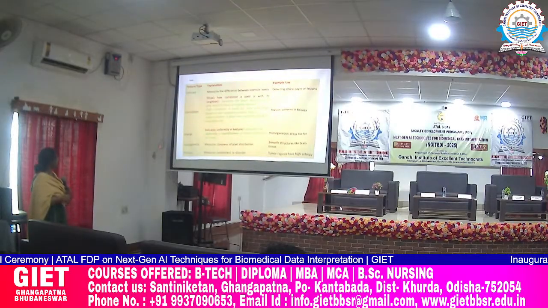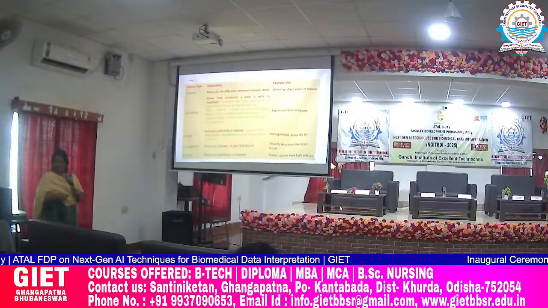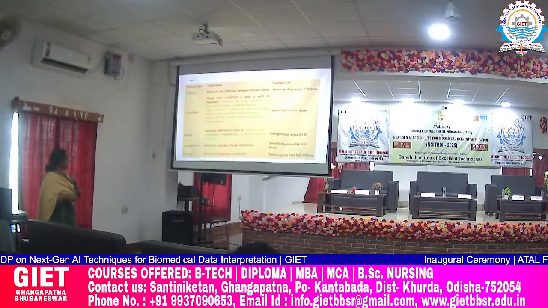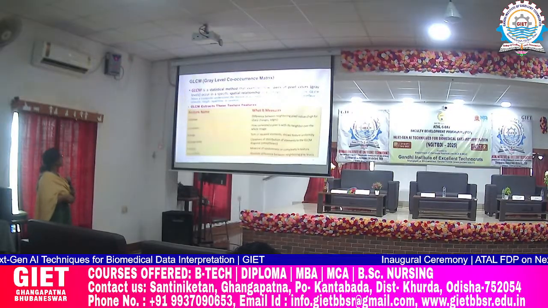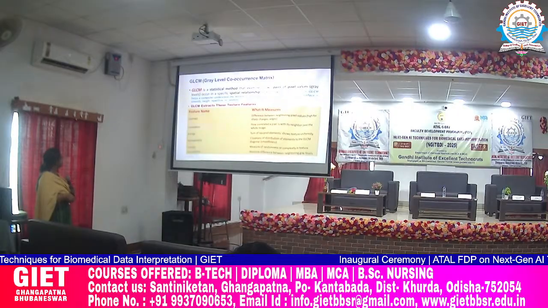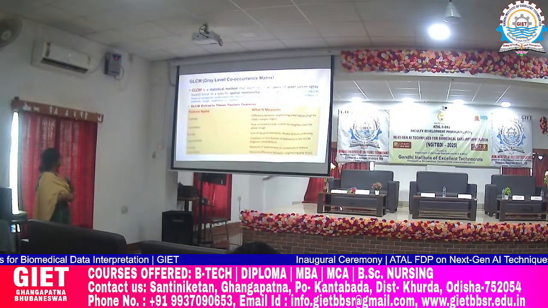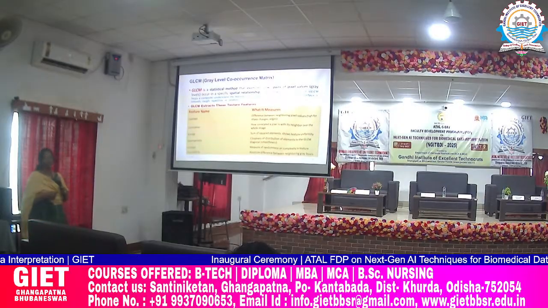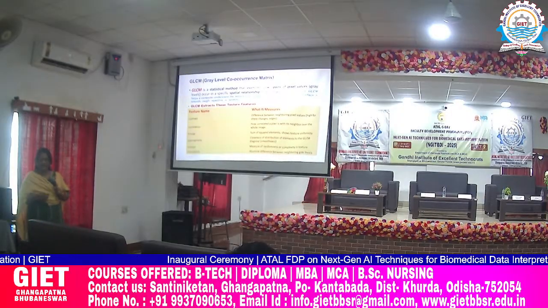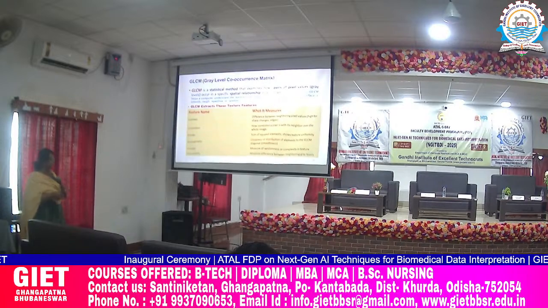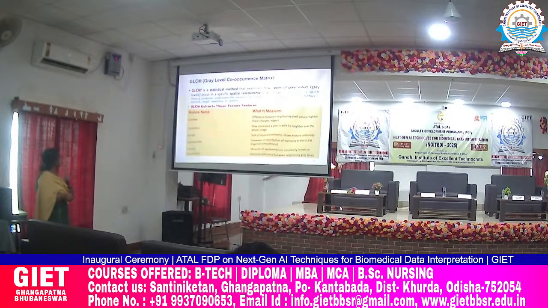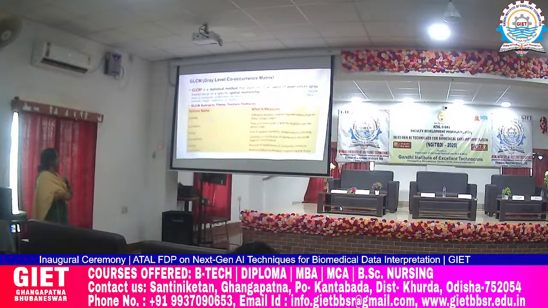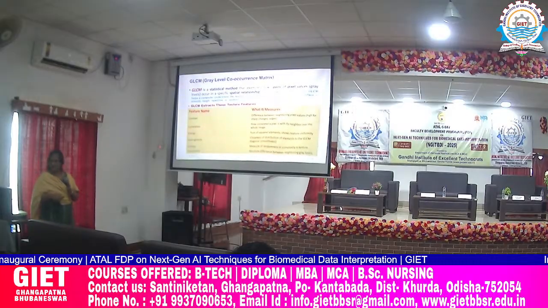Then coming to this tabular form, whatever I have explained is written over here. GLCM, just read the GLCM. Any doubt? This is the calculation. Some mathematical calculation is there for each feature. Here is contrast: how do I calculate the contrast of your image?